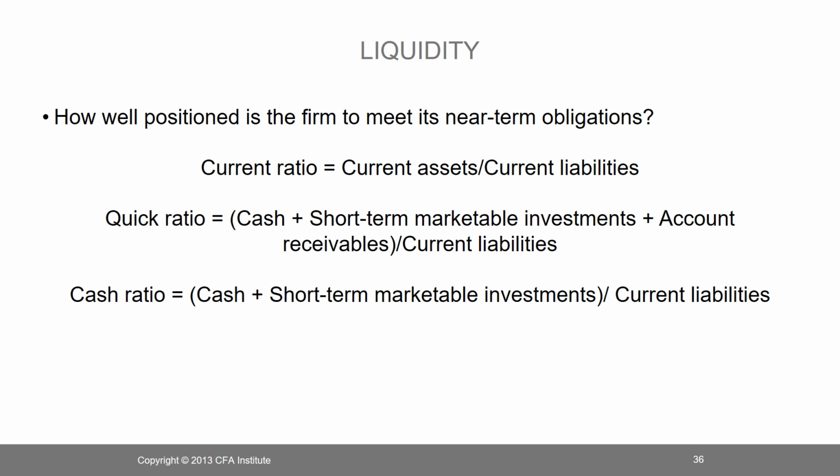Beginning with the current ratio, which is calculated by current assets divided by current liabilities. And then we have the quick ratio, which is cash plus any short-term marketable securities or investments plus accounts receivable divided by current liabilities. And finally, the cash ratio, which only considers cash and short-term marketable securities divided by current liabilities.